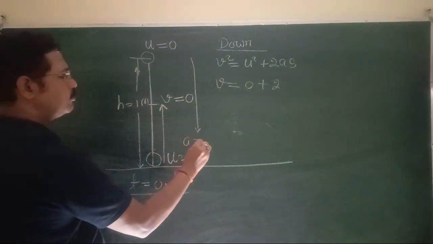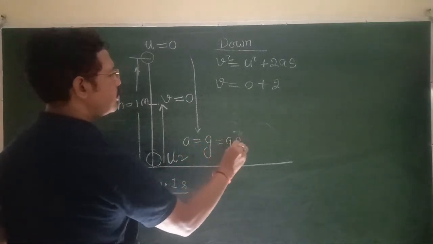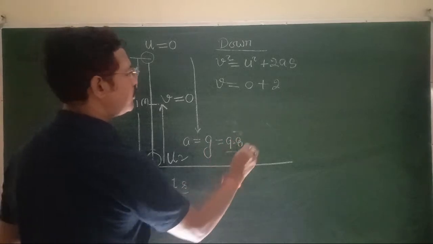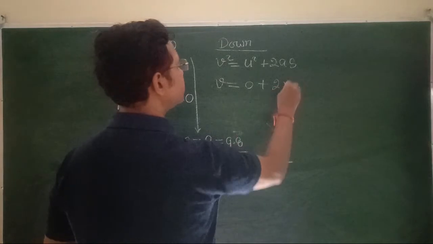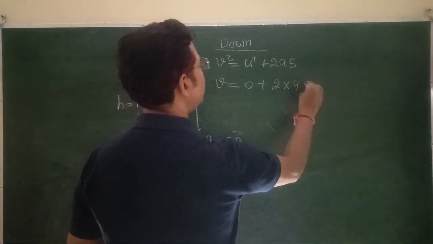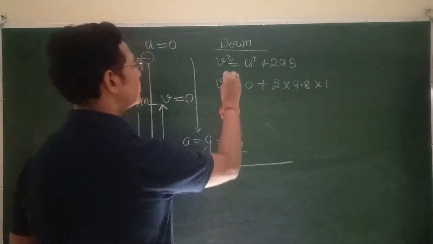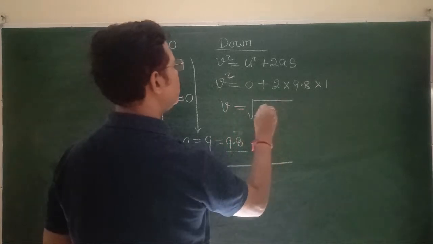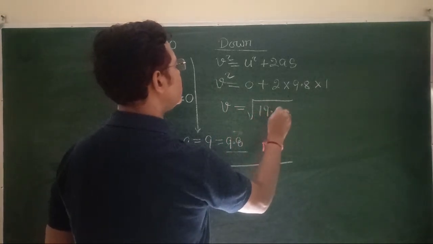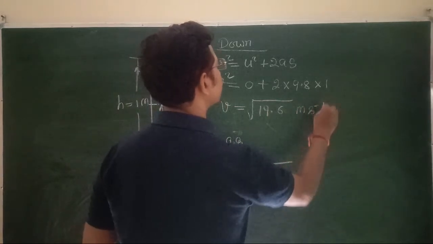Acceleration is equal to g, which has value 9.8 or 10 meter per second square. So 2 into 9.8 into 1 meter. This v is equal to the square root of 19.6 meter per second.